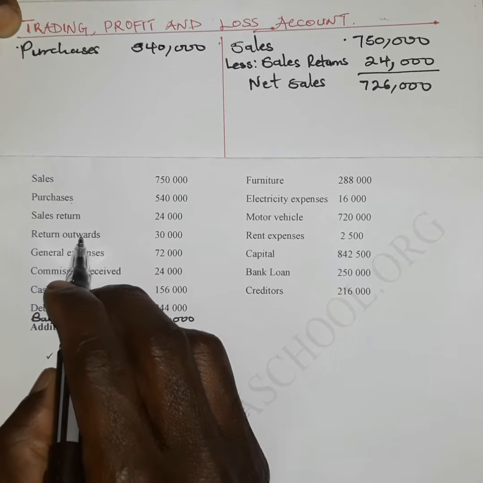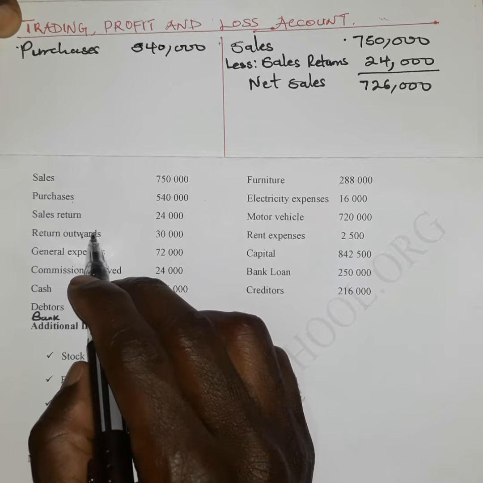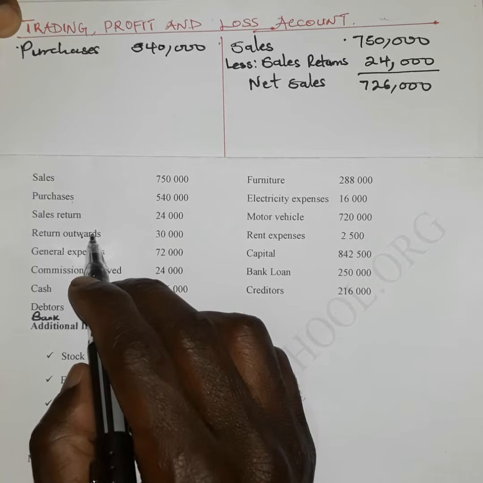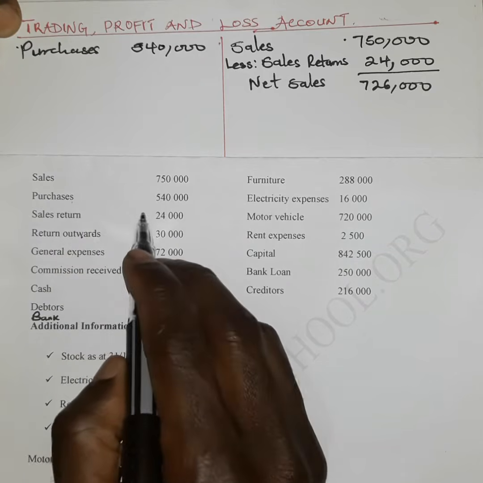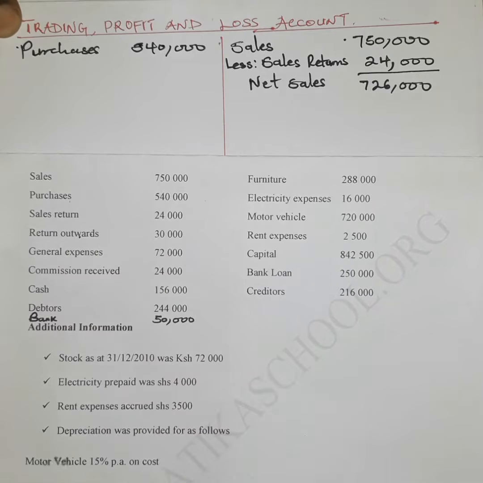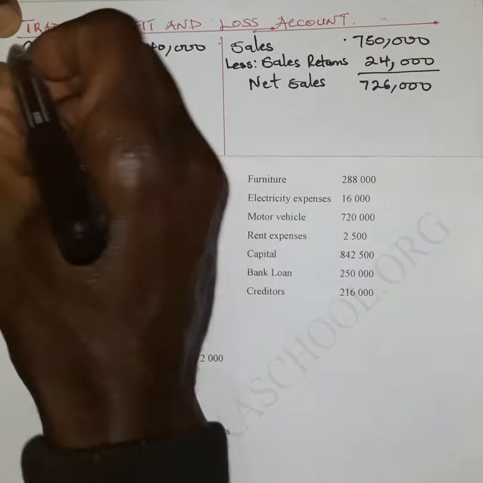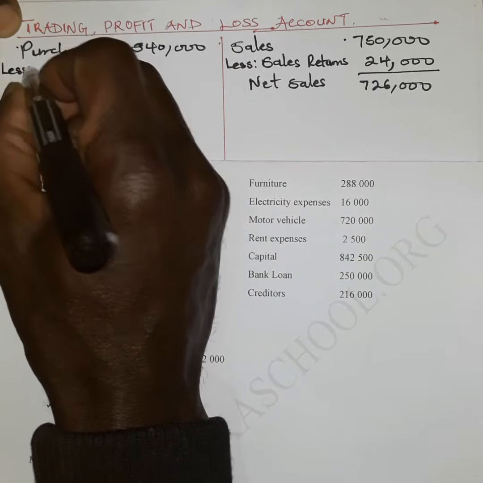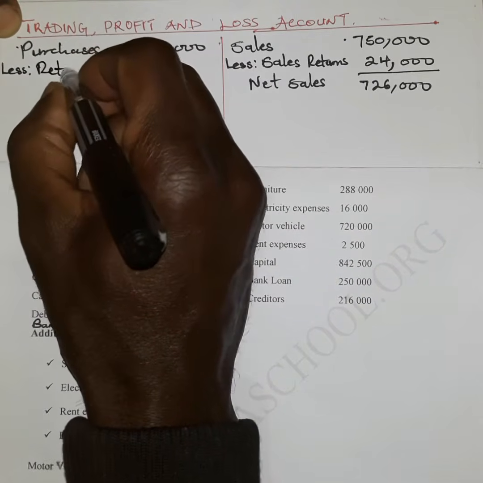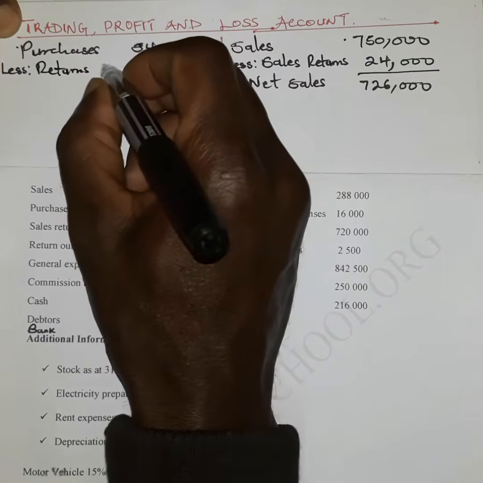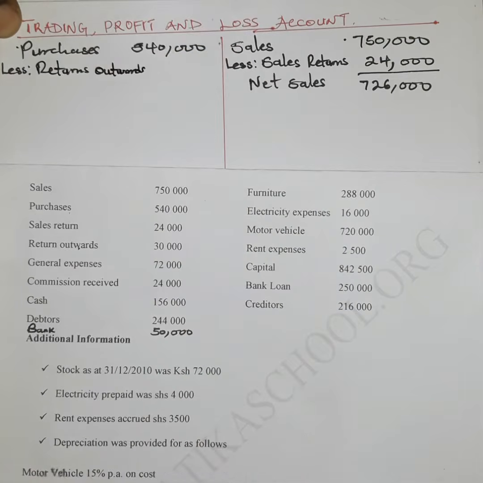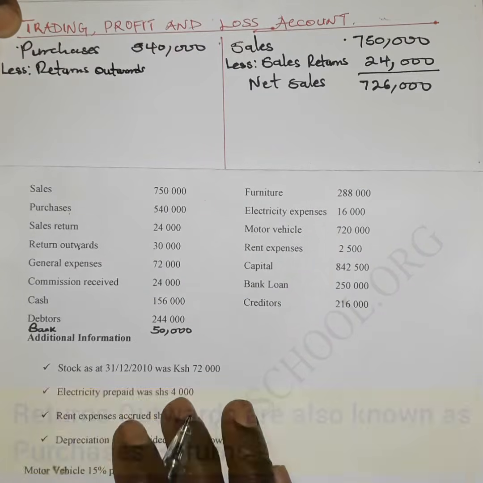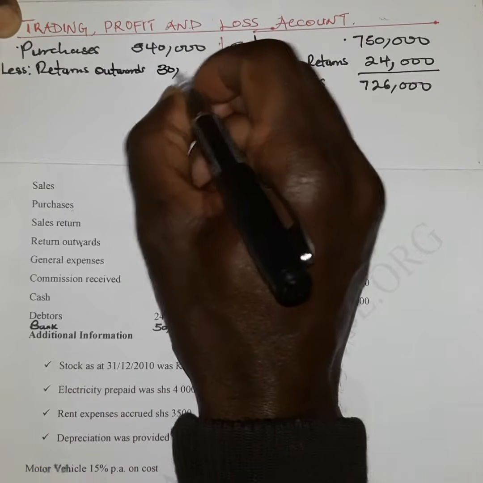These are goods which the business is returning to the supplier, again could be due to the reasons why sales returns were returned by the customers. Maybe these goods were also damaged, and so many other reasons. So we are supposed to deduct the returns outwards, which are moving out and are not now part of the purchases, an amount of 30,000.